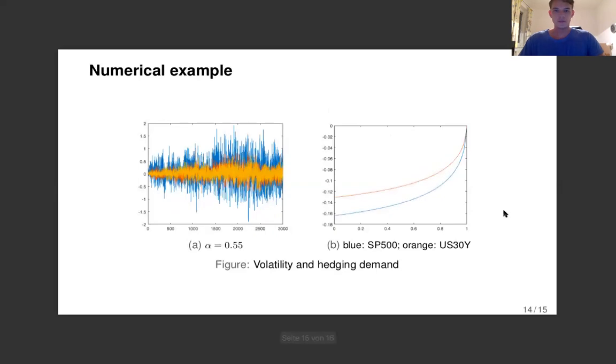This trend is even more visible in the extremely rough case, alpha equals 0.55. Here the curves are very flat in the beginning, and in the end, they are turning to 0 quite steeply.